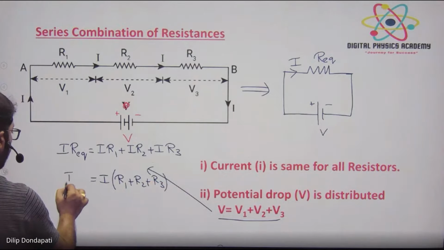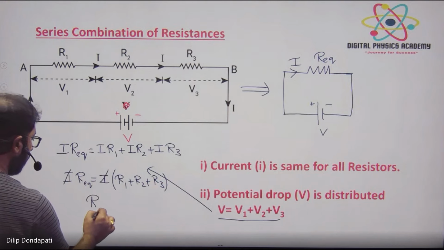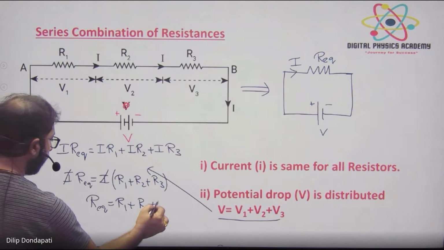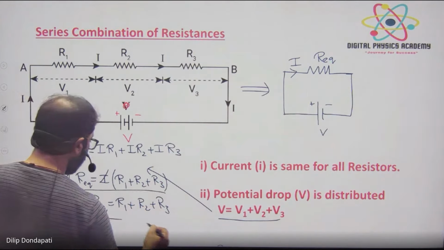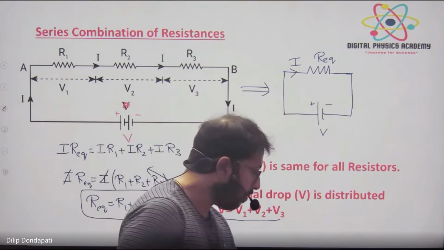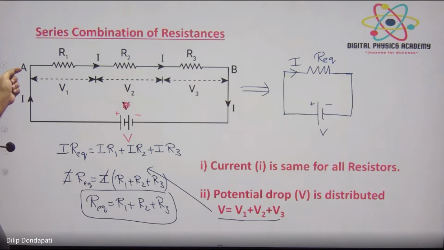I cancels. Therefore, R equivalent is equal to R1 plus R2 plus R3. So in series, what is the formula? R1 plus R2 plus R3 we have to use. And how to identify it? You pass a current and check whether the current is the same in those resistances or not. Then only it is series.